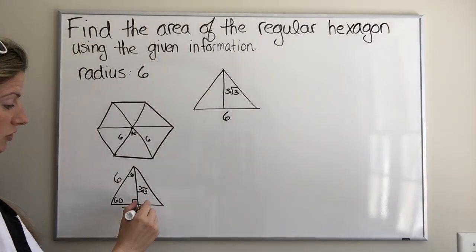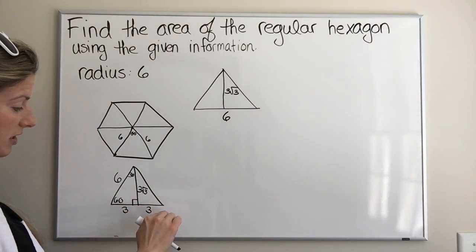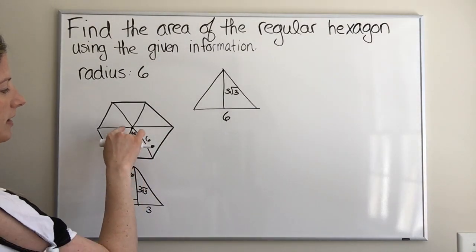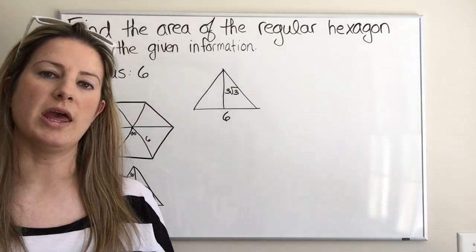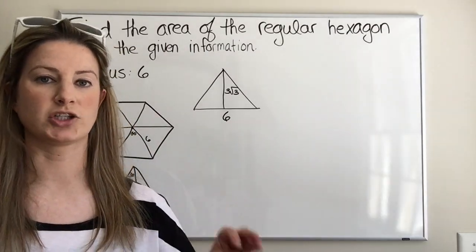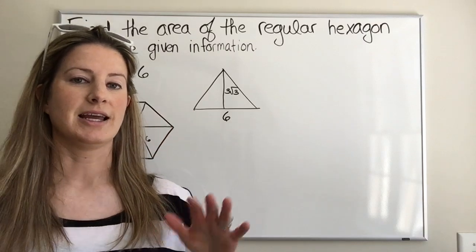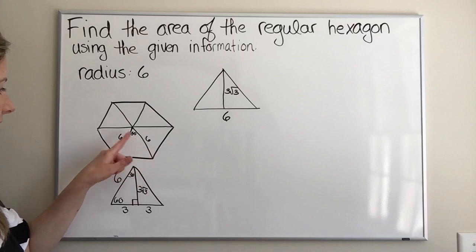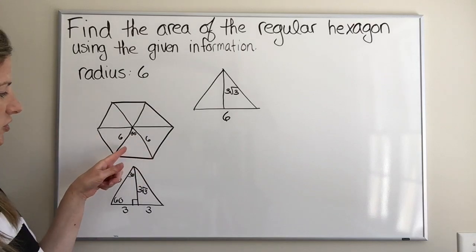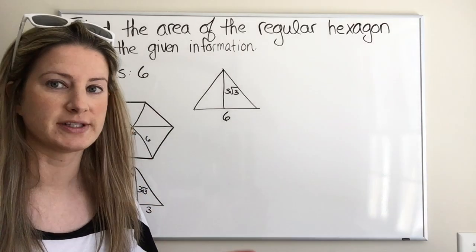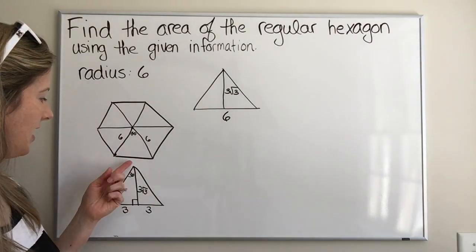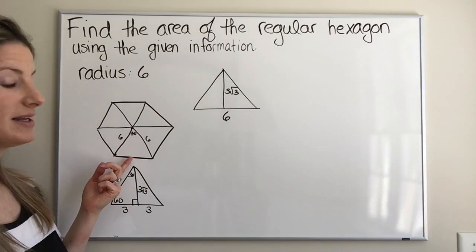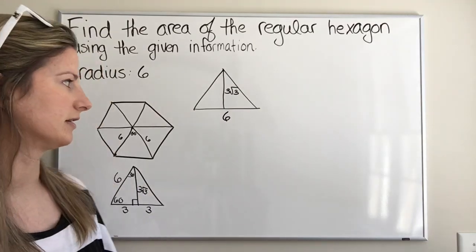Number one, this is 3, so this is also 3, so together it becomes 6. Or it's a unique situation with a regular hexagon where you actually create 6 equilateral triangles, okay? So they're all 60, 60, 60, which means that the side lengths are all the same. So the radius is the same length as the side, okay, and that's unique to hexagons.